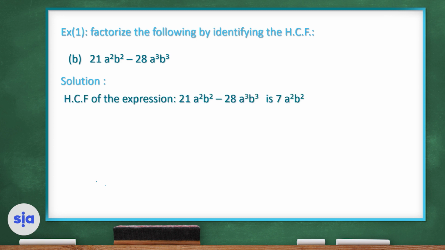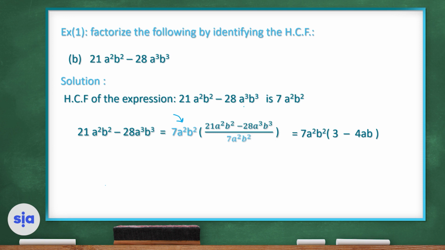Then we divide each term by the highest common factor. Don't forget that we write the highest common factor outside, and then we divide each term by it. So it will be 7a squared b squared multiplied by 3 minus 4ab.